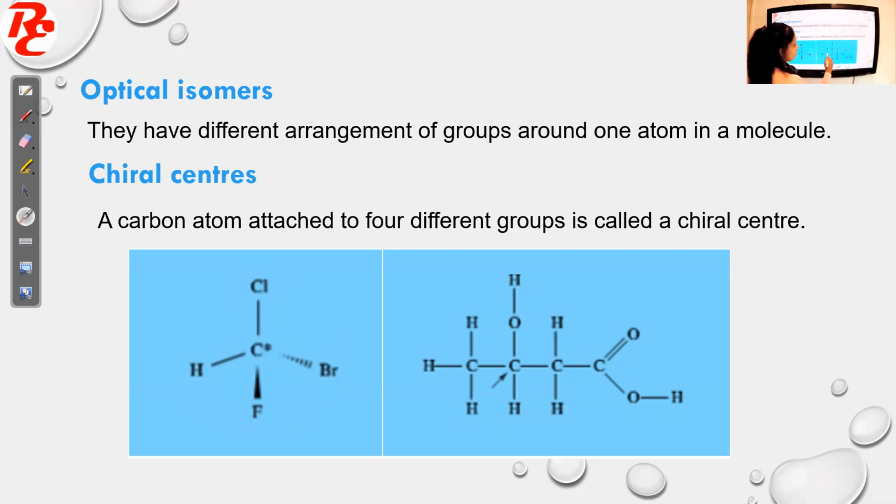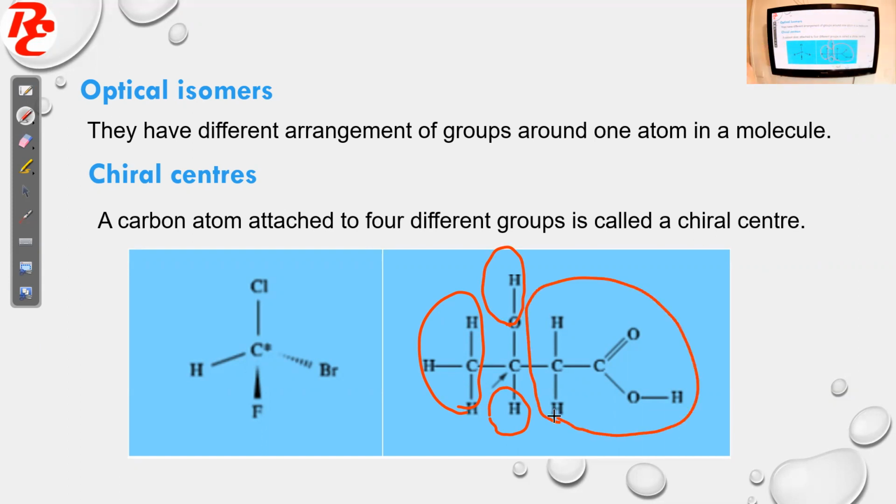And here you have 4 carbons. If you look at each of them, the first carbon is not chiral because it has the same group, 3 hydrogens. The second carbon is a chiral carbon. Why is that? The second carbon has a CH3, an H, an OH, and this whole group around it. So you can see it has 4 different groups around it. Therefore, it is a chiral carbon atom. The next one is not chiral because it has 2 hydrogens on it.